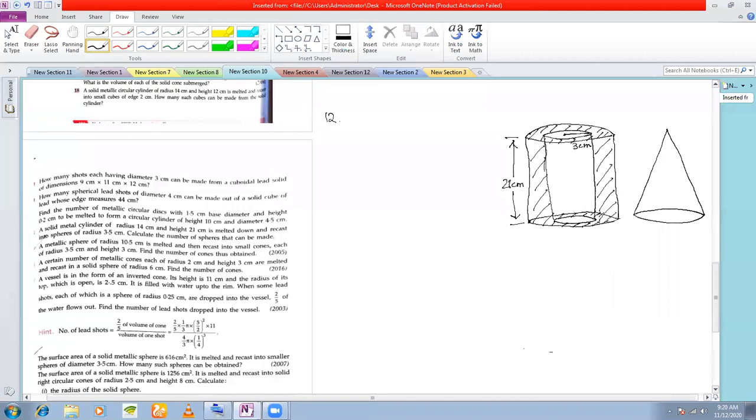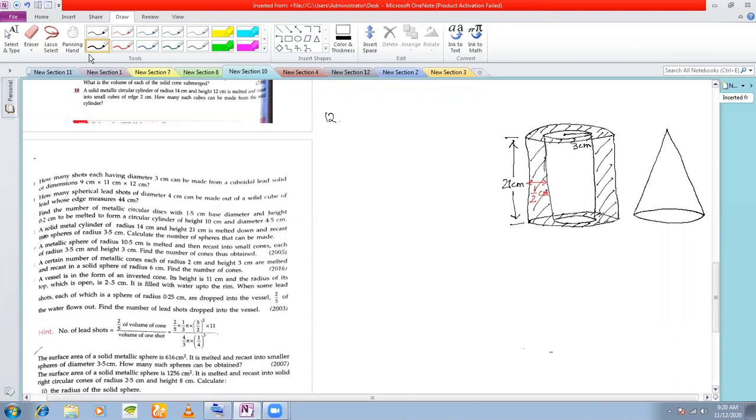It has height 21 centimeter. Thickness of the metal is half centimeter. So this thickness here is half centimeter. The tube is melted and cast into a cone of height 7 centimeter.